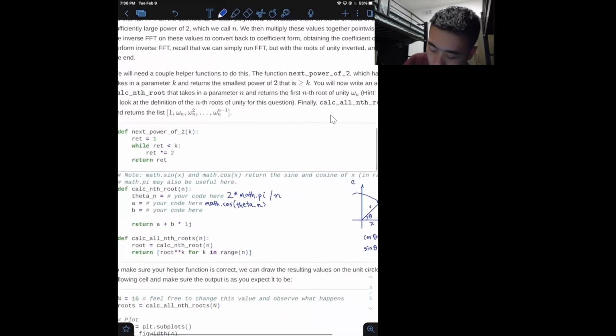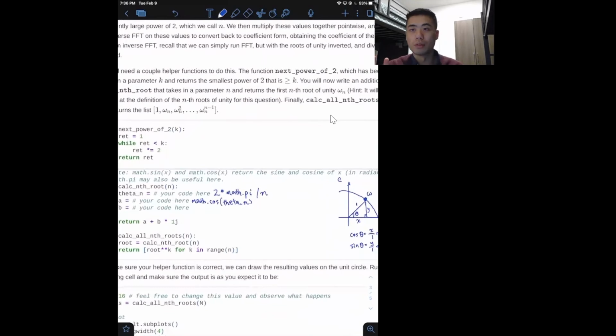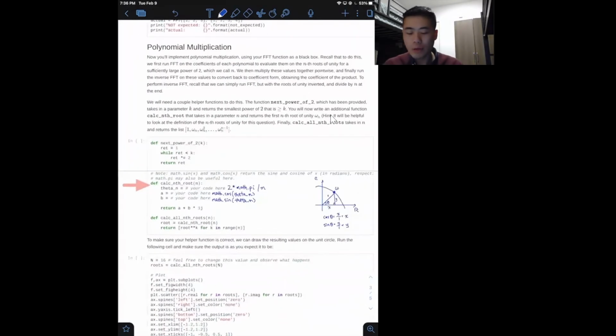Similarly, the vertical component along the y-axis is given by math.sin of theta n. That was relatively straightforward. We were just converting our nth root of unity into its representation in terms of its location on the x-axis and y-axis.